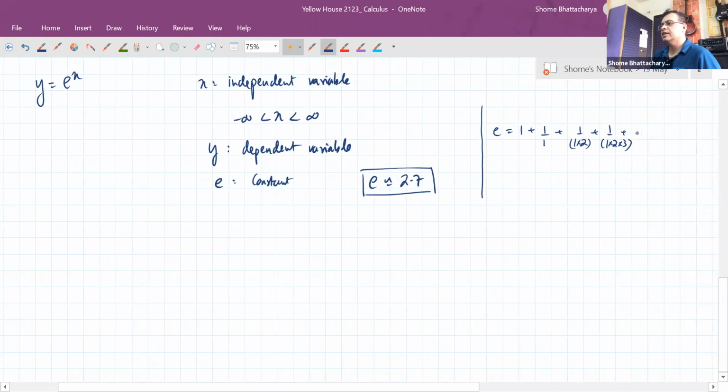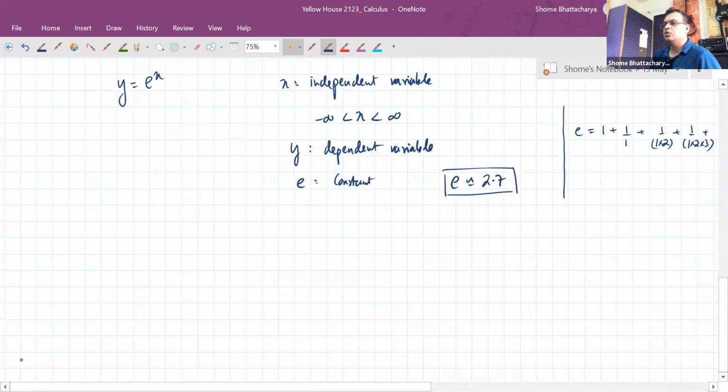That is one way of describing the exponential function. But it's a diminishing set of terms, so its approximate value comes out to be 2.7 like this. Okay. Anyhow, this series is not of concern for us immediately. It's that this is an irrational number which has an approximate value of this much.